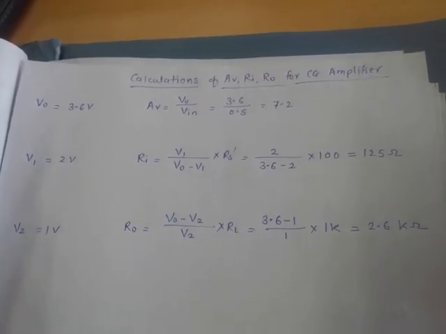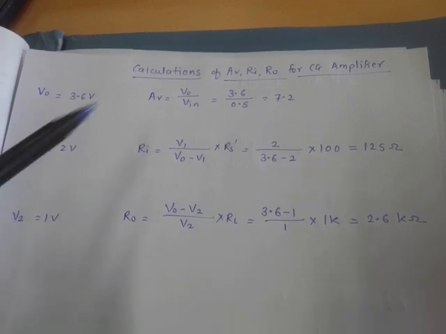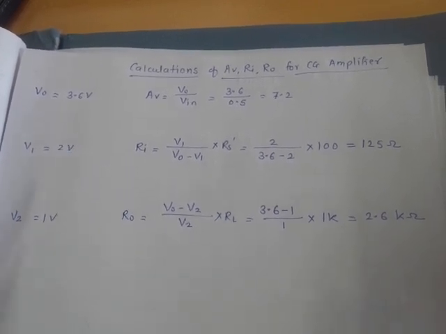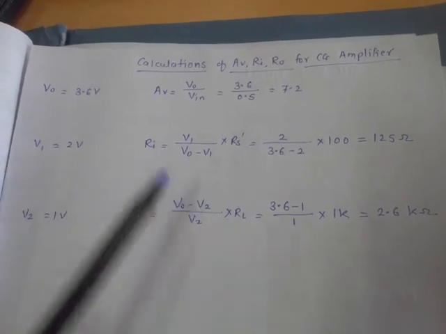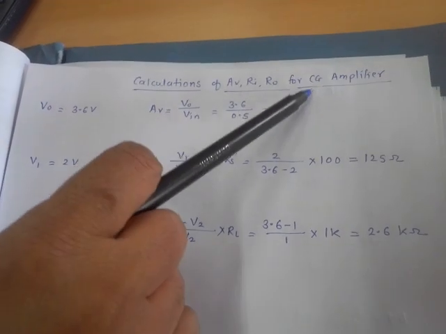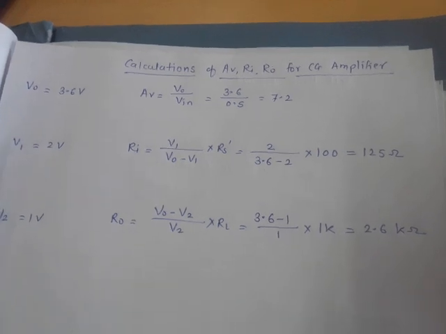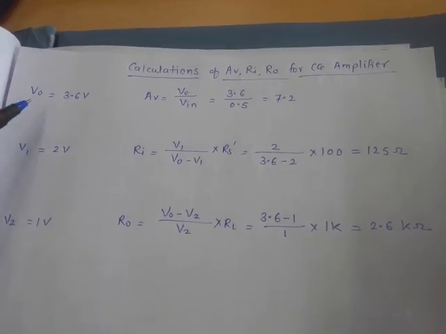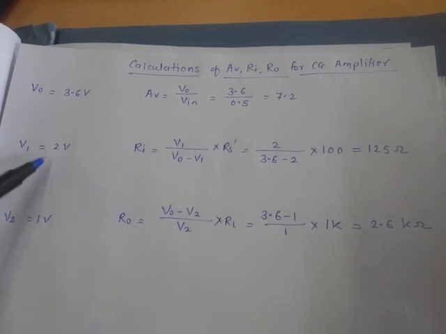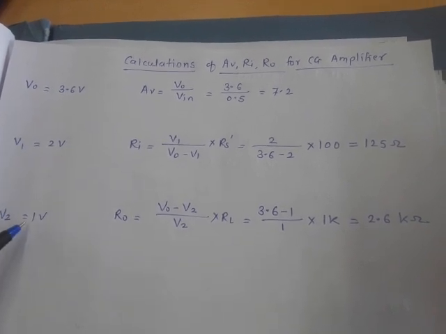Now after taking the readings for VO, V1 and V2, here are the example calculations for the CG amplifier. So recently we have performed the CG amplifier and we have noted down VO 3.6 volt, V1 2 volt and V2 1 volt.